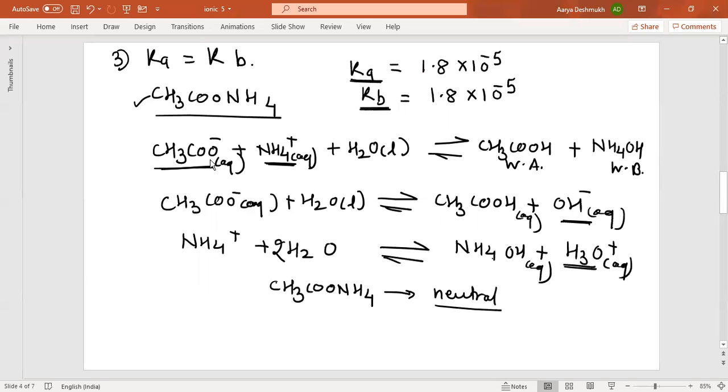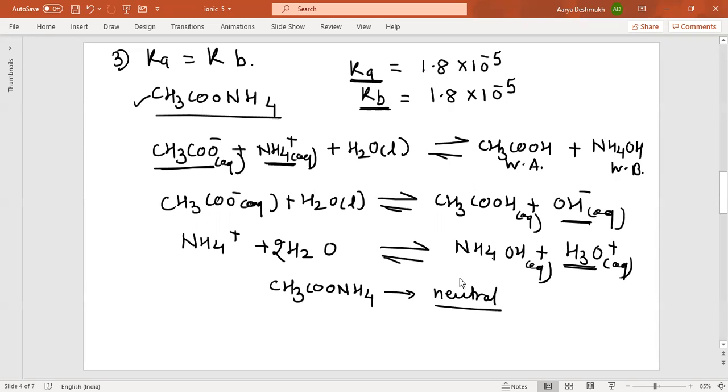Now we can write the reaction for the acetate ion separately, and the ammonium ion also. You can see there is a formation of OH- ion and H3O+ ion. Since Ka and Kb have the same values, whatever the extent of OH- ions formed here will be the same as the formation of the hydronium ion.